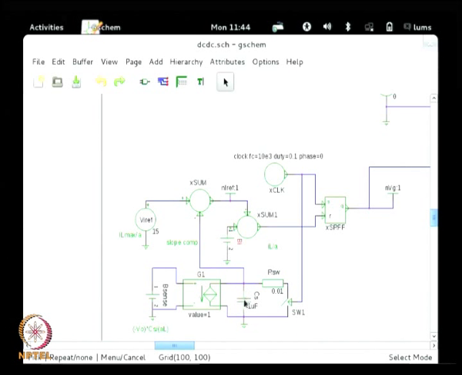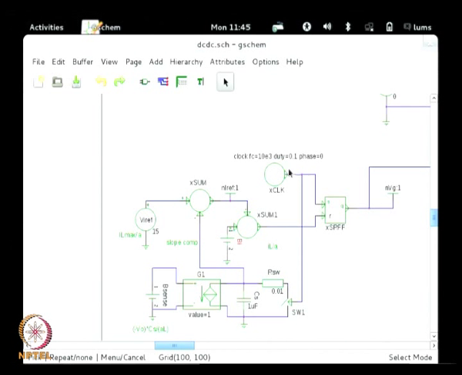So, the voltage here is proportional to the negative slope of the inductor current, and that is actually subtracted from this DC, so that you have a falling slope.